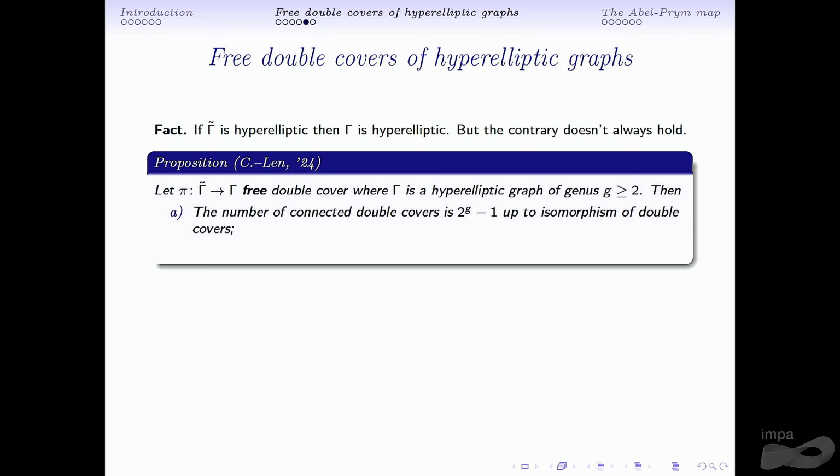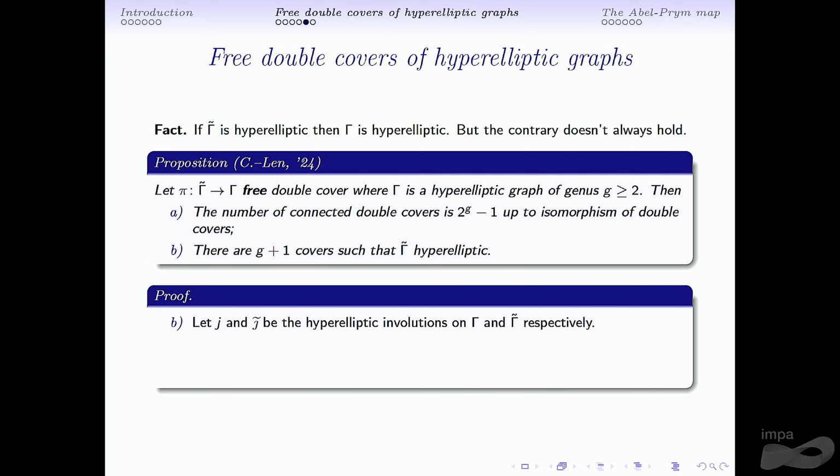But we gave a different proof by using the construction of the hyperelliptic covers. And we proved that out of 2 to the g minus 1, we just have g plus 1 covers such that the source curve is also hyperelliptic.